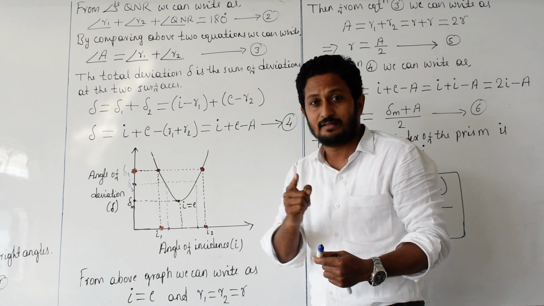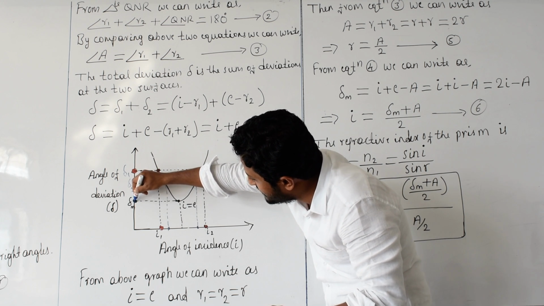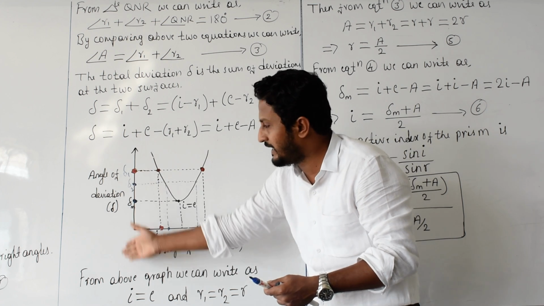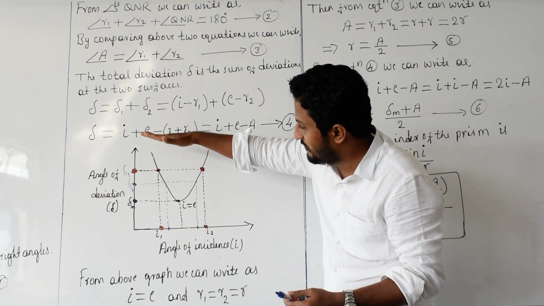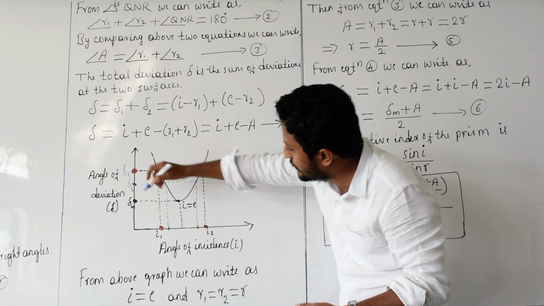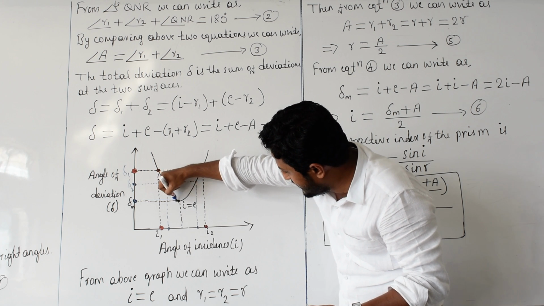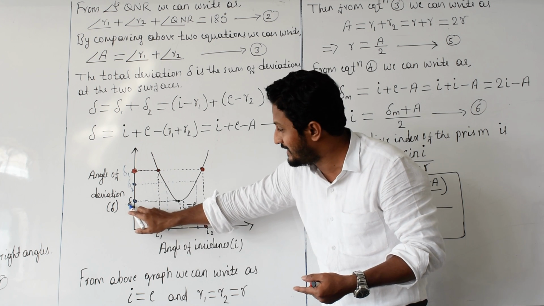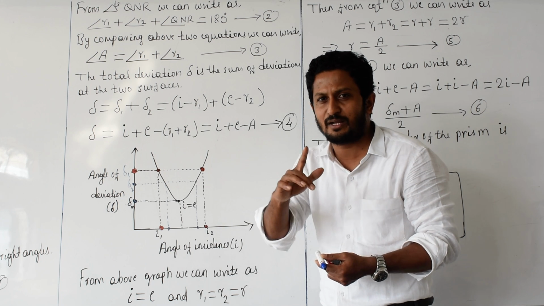But here, this deviation is the lowest deviation in the curve. That's why I named it M, minimum deviation. Delta M is the minimum deviation.